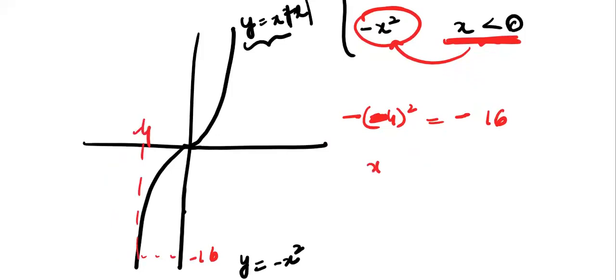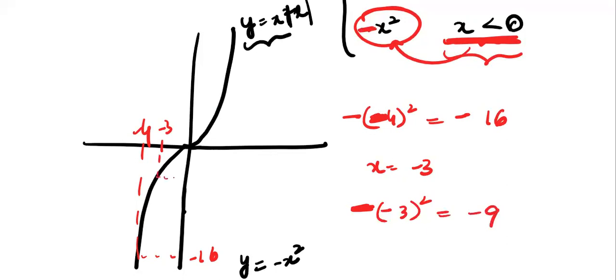Now suppose your x is minus 3. Then the value of y would be minus 3 whole square, but there will be a negative sign outside also, because when x is less than 0, you have an additional minus sign. So it will be minus 9. Now notice that minus 3 is greater than minus 4, and minus 9 is also greater than minus 16.